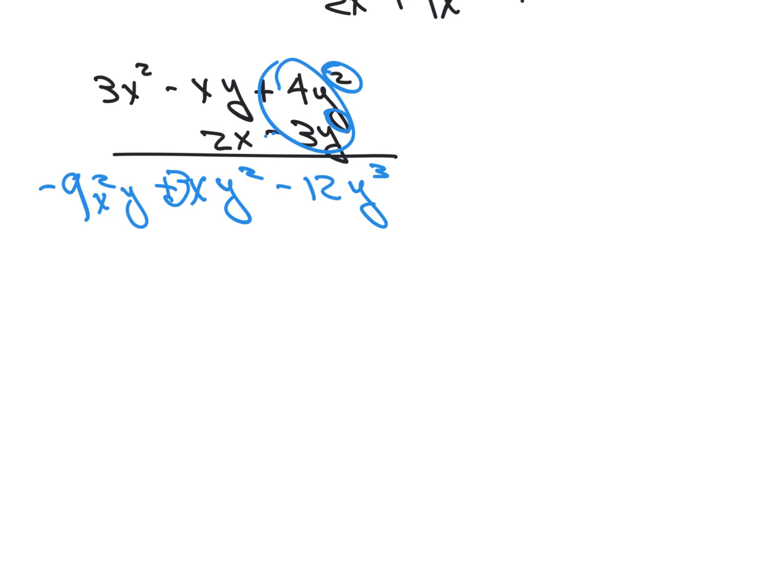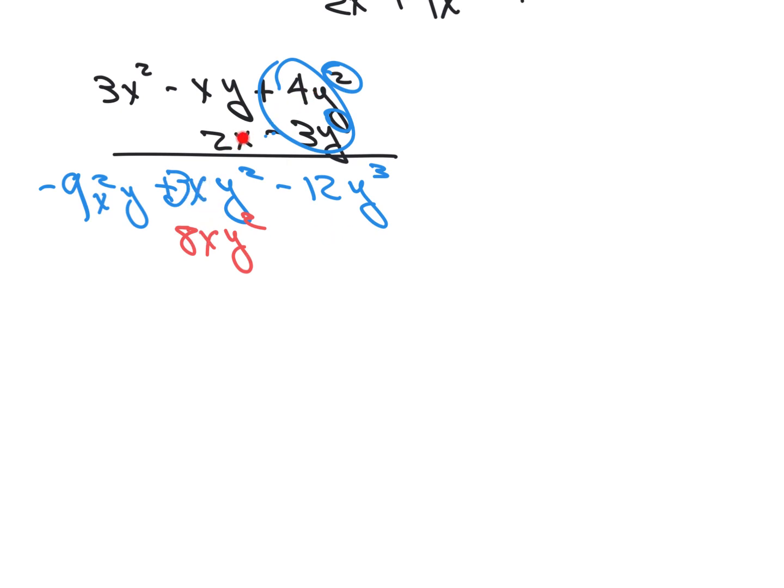All right, next part is we're going to multiply this one times each one of these 3. So 2x times 4y squared is going to give me 8xy squared. So I put it in the second column there rather than below this. I put it below here.